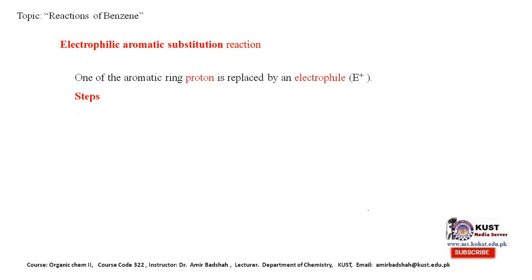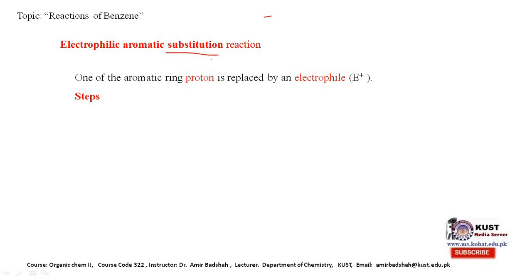In electrophilic aromatic substitution reaction, as appears from its name, substitution takes place. Substitution of what? The substitution of one electrophile by another electrophile, and it takes place in an aromatic compound, benzene, so that is why it is called electrophilic aromatic substitution reaction.